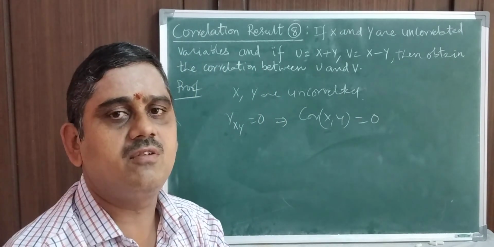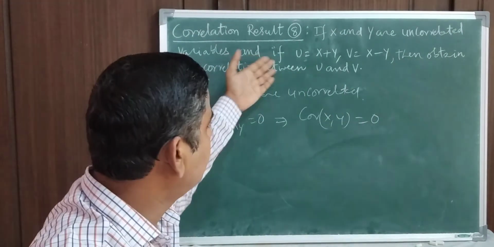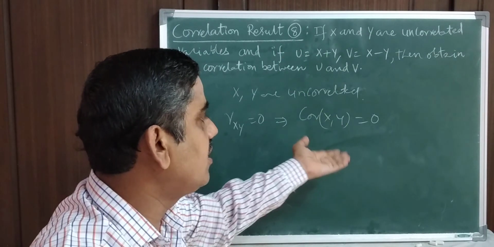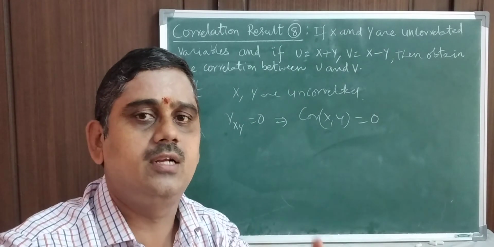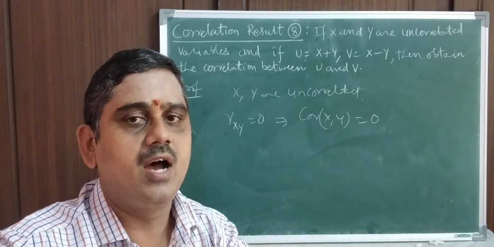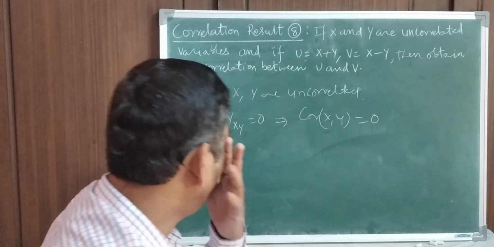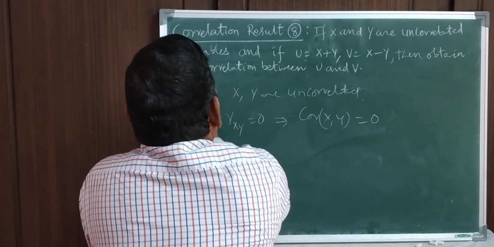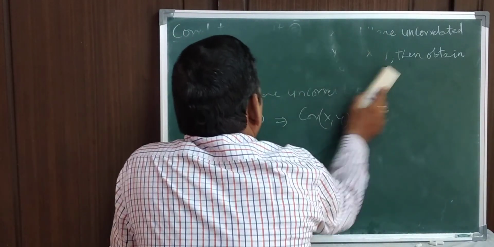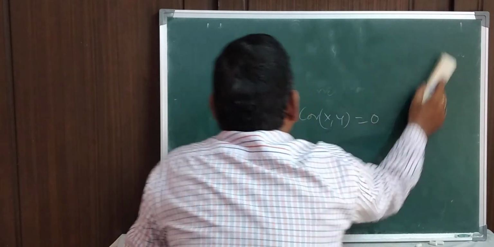Whenever in the calculation of the correlation coefficient between u and v I get some covariance of xy, I substitute it as 0 and calculate the result. So now I start the calculation of the correlation coefficient of u and v.